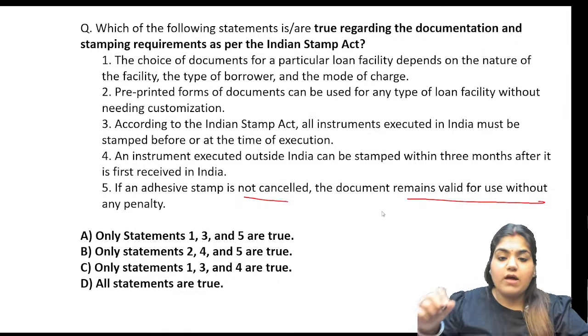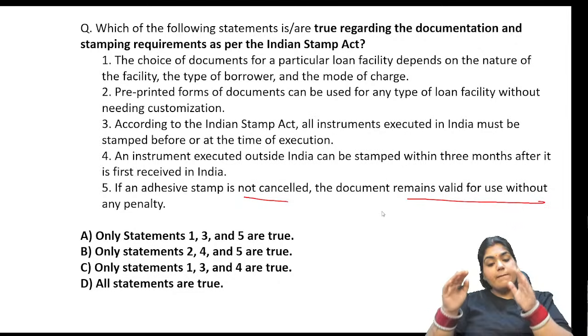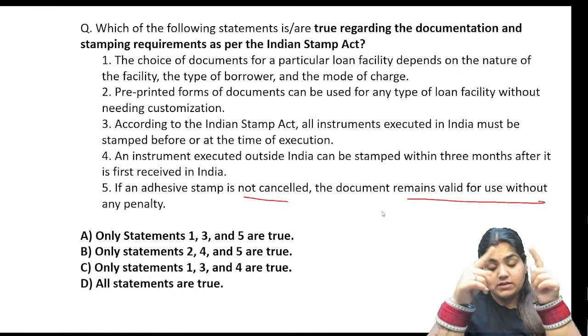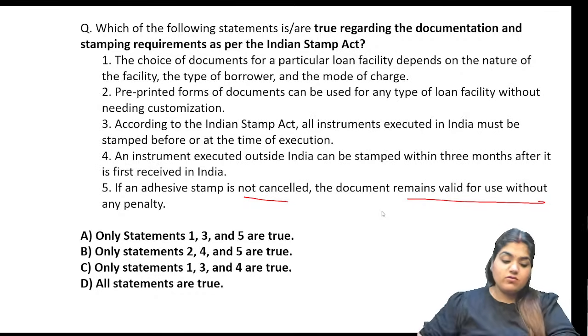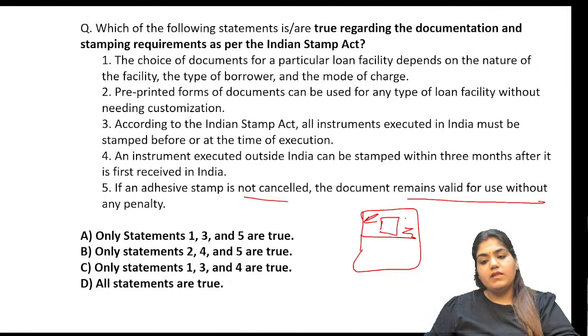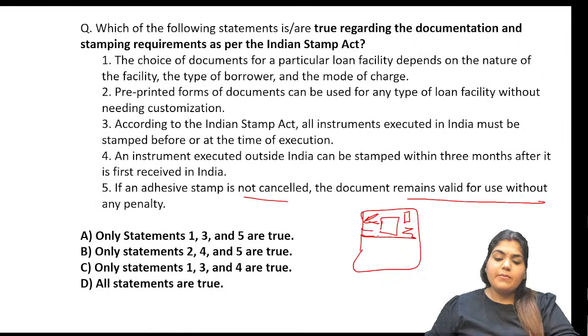And adhesive, look, I have told you in the morning that a document can be on a stamp paper. Stamp paper looks like this. It is of pink or green or blue color, and the amount is written in the middle. There is a sign, there is a stamp of the quote, it is printed in color like this, and you write the contents here.